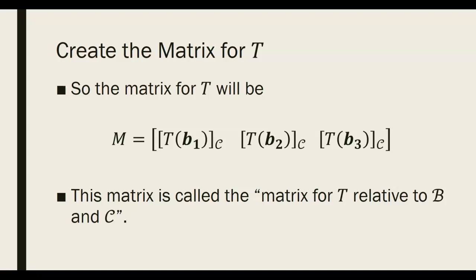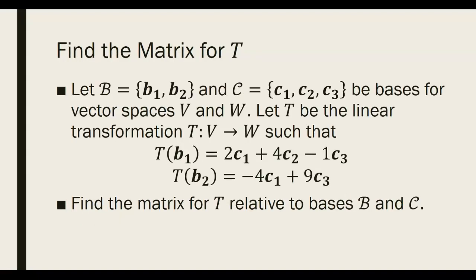Let me give you an example of what this looks like. Let's find a matrix that would correspond to the transformation here. We're going to let B as a basis consist of 2 elements, B1 and B2.